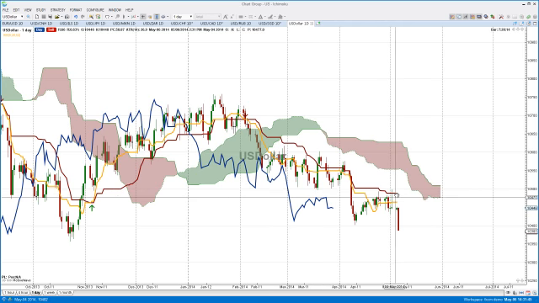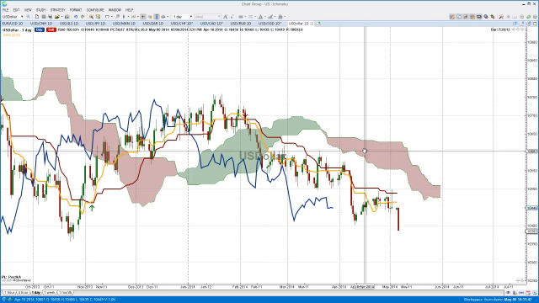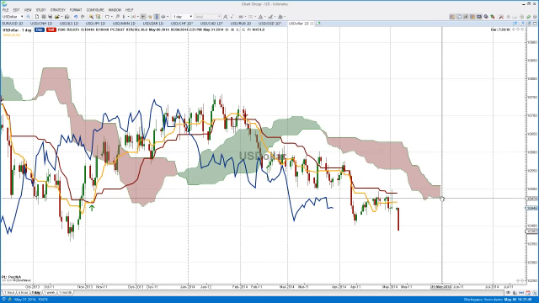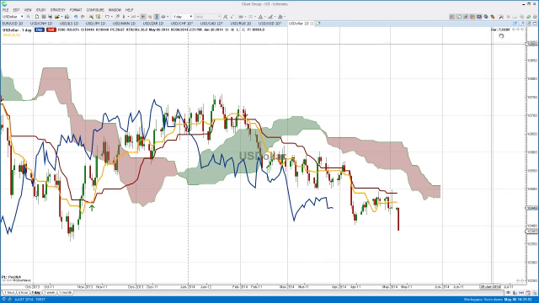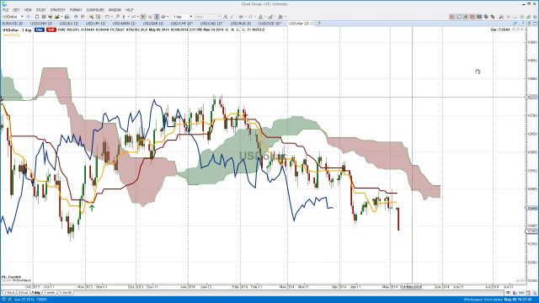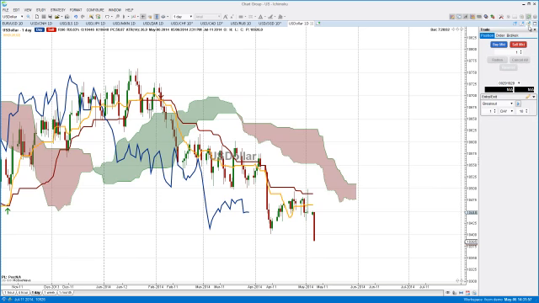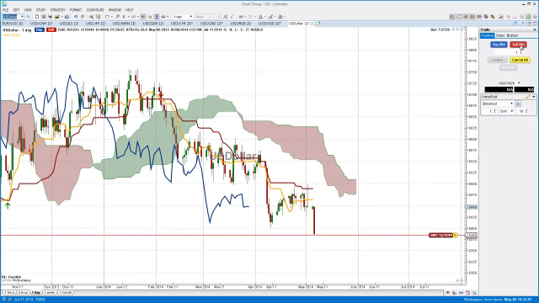Price, Tenkan-sen and Kijun-sen are not in the Kumo. Current Kumo and future Kumo are bearish. We could actually take a short position on that as well. So let's just enter that market right now too and sell. So we've sold at current market price.